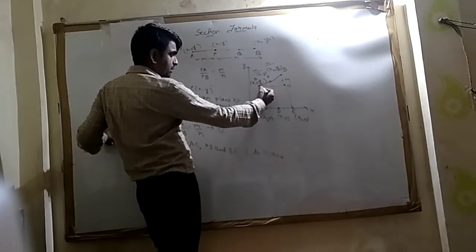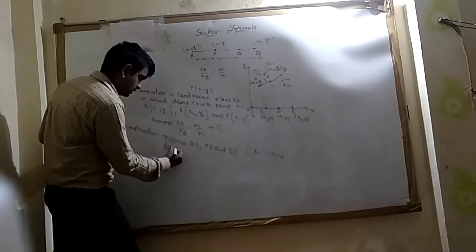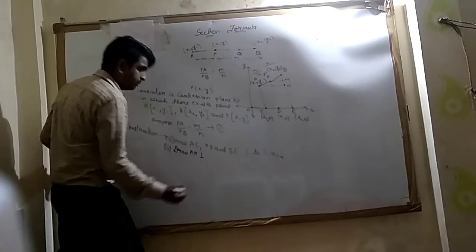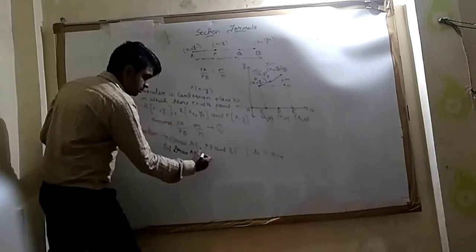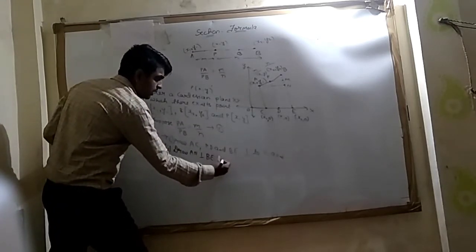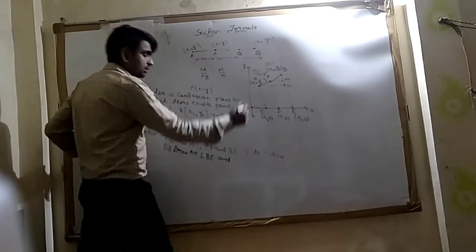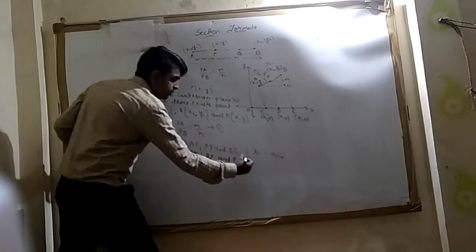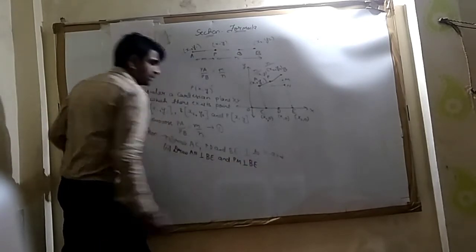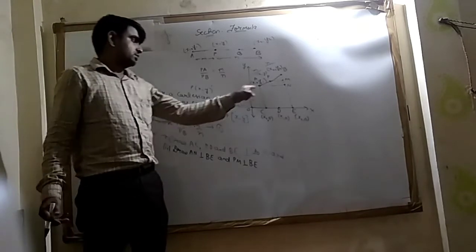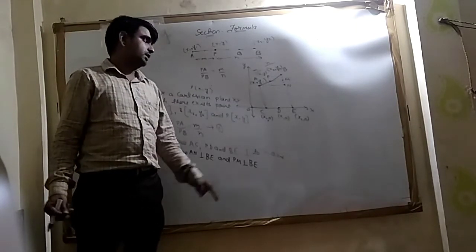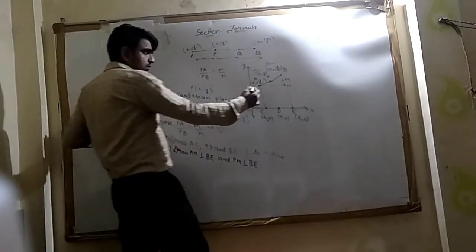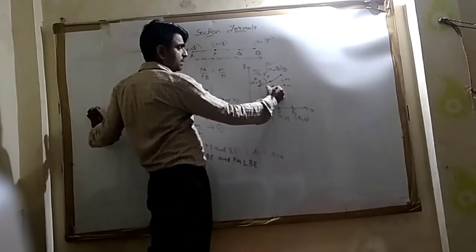From this point A, I have drawn AN perpendicular to BE and PM perpendicular to BE. Okay, this AN is perpendicular to BE and PM is perpendicular to BE. Let this point be R.